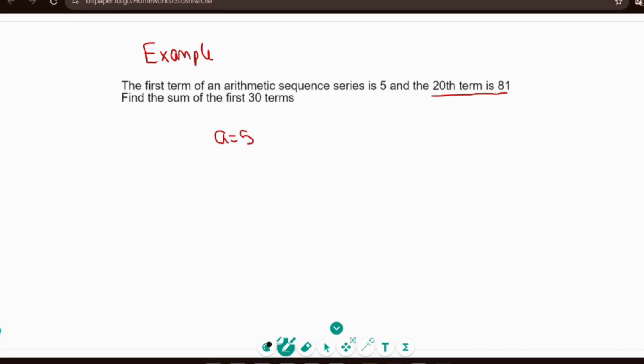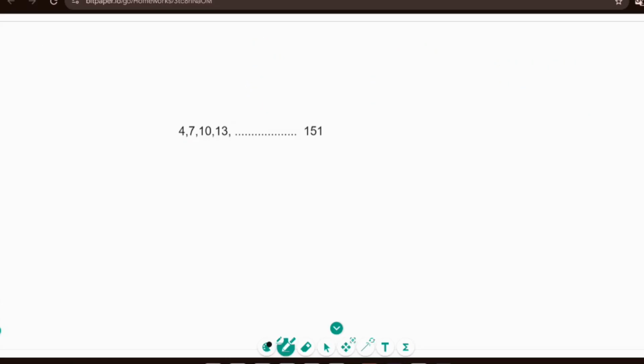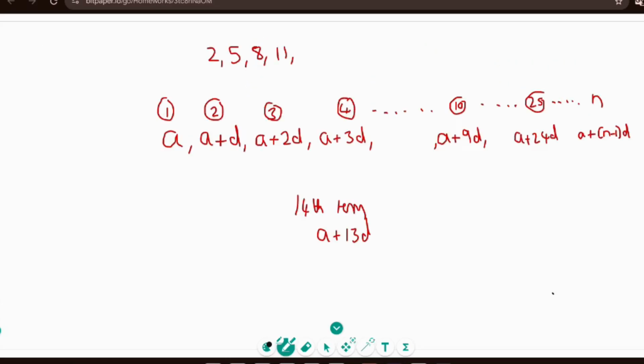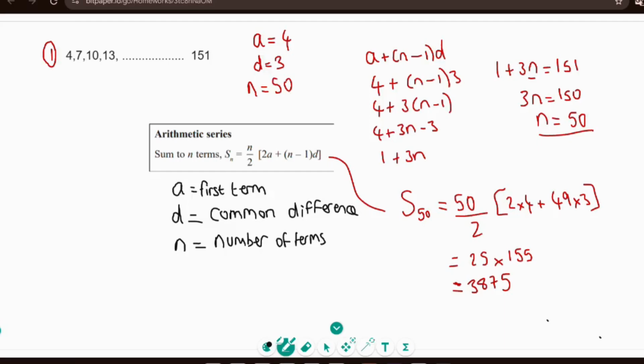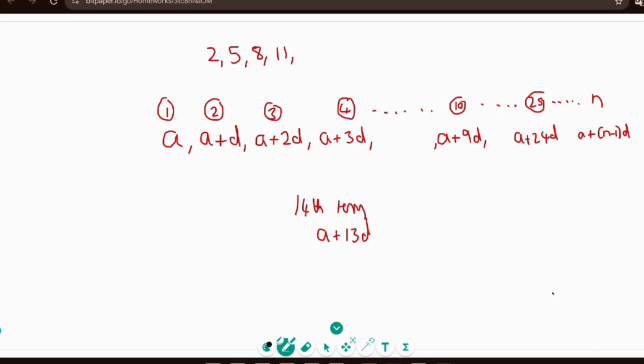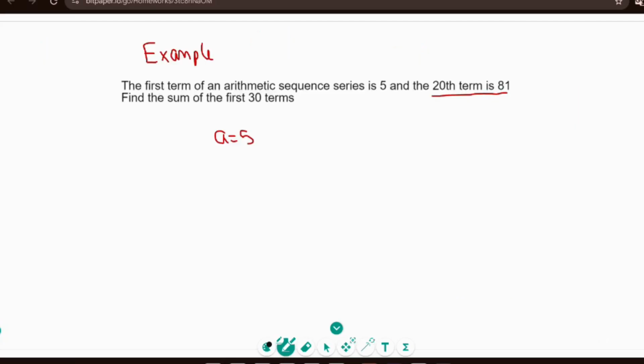That's where I like to go back to this idea that we looked at before, the A plus D, A plus 2D. If you can lock that theory in your head, it is really useful. So the 20th term is A plus 19D, isn't it? And that's equal to 81. Find the sum of the first 30 terms.